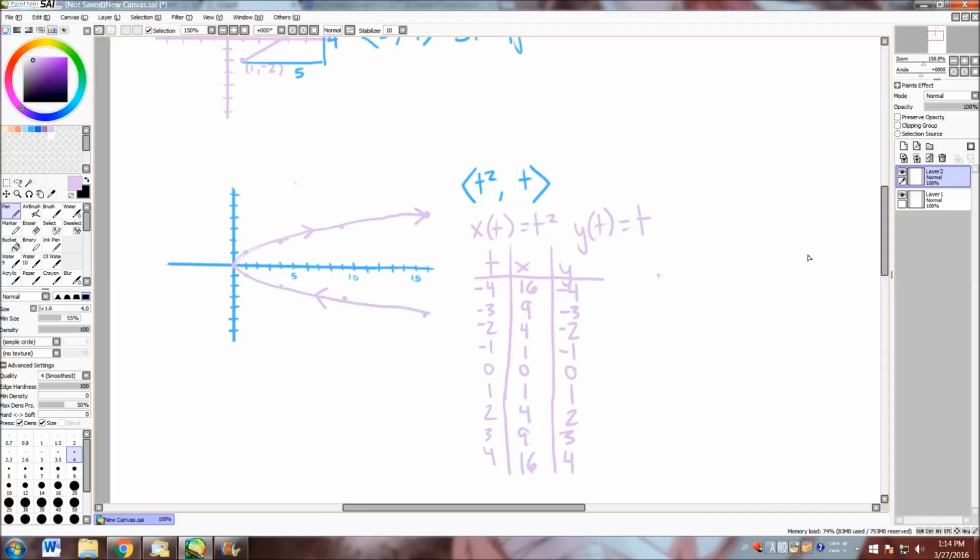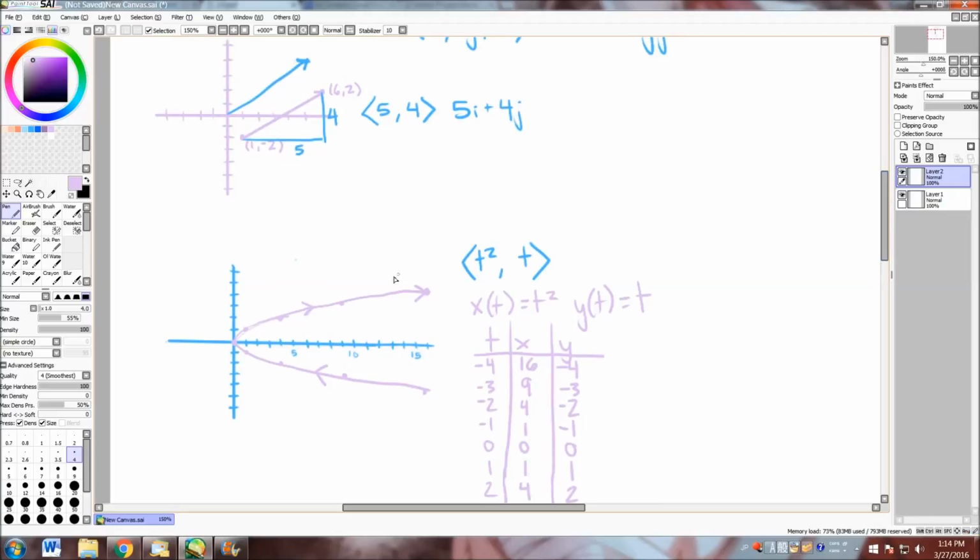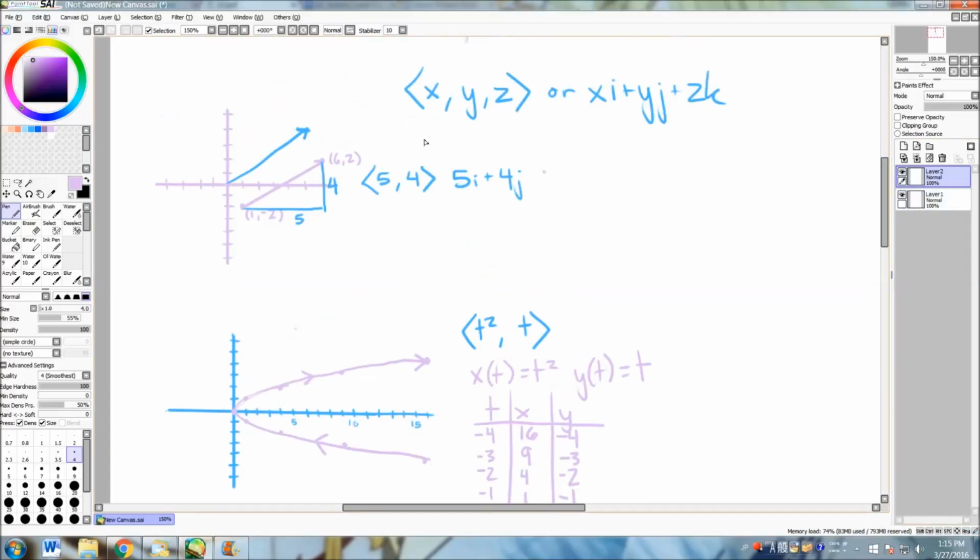Don't get confused with this, because as a function of t, this becomes a position vector valued function. So if you move this function around, this would have to change. However, when we moved the earlier vector around, it did not change the component form.